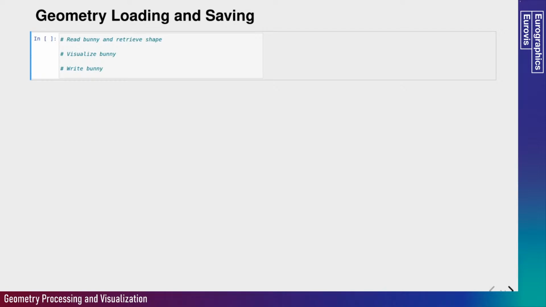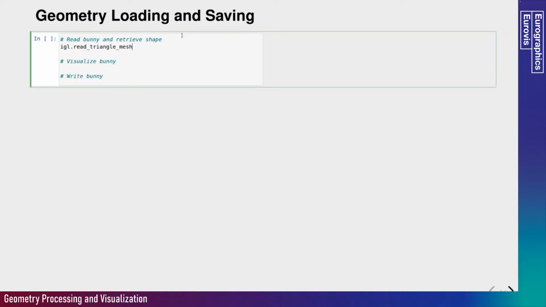So now that we know how geometry is represented with libIGL as NumPy arrays, we can actually read in some geometry, and we do this with the libIGL function read_triangle_mesh.